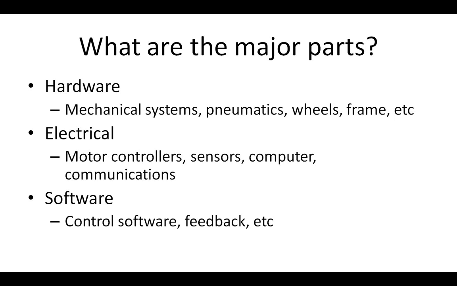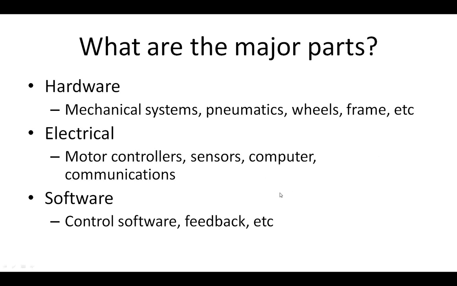The sensor will cause the software to turn off, right? So these are not distinctly separate ideas. However, there are three distinct skill sets here that need to be covered, okay?